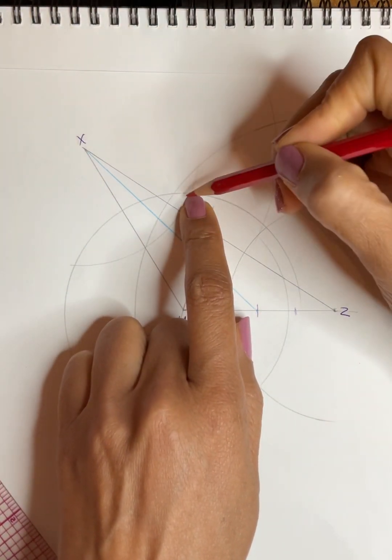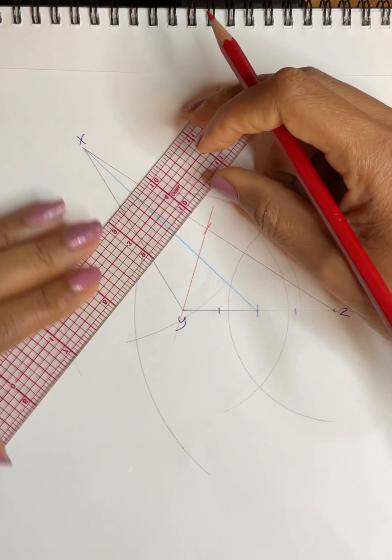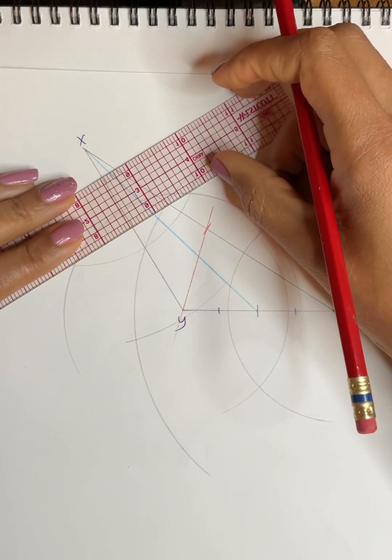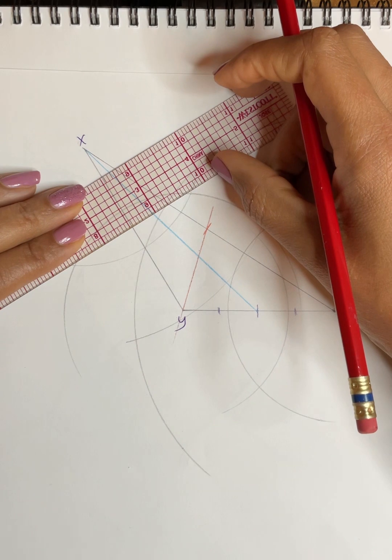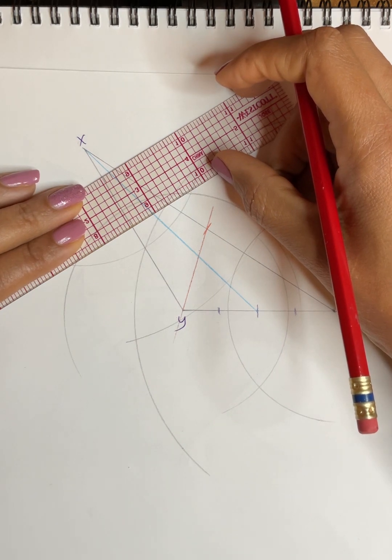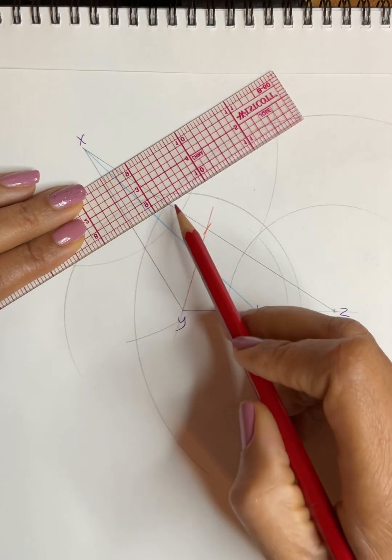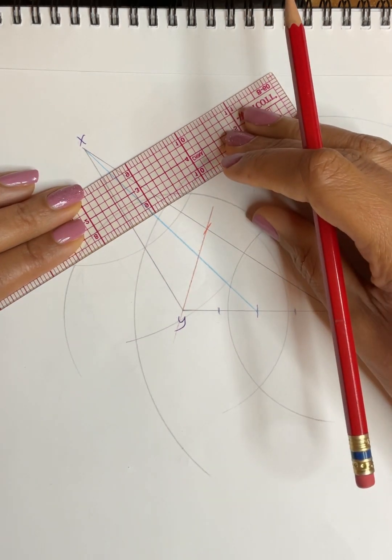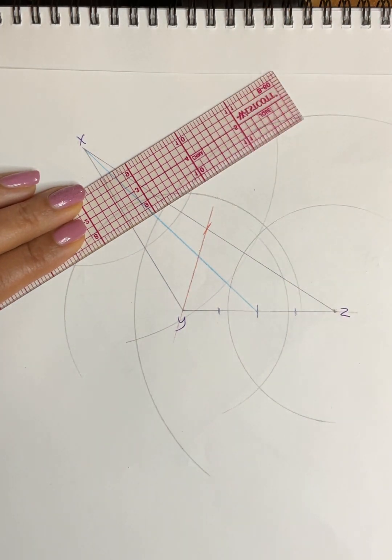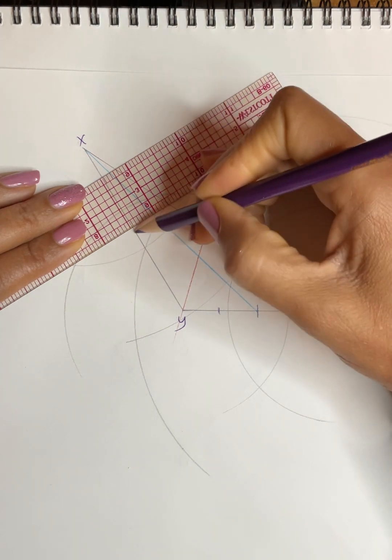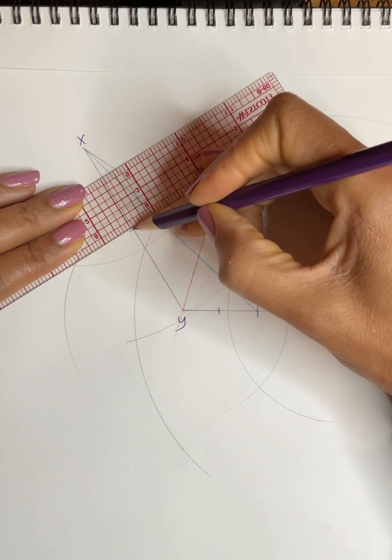I like to put a dot there so my eyes don't get confused with all the different arcs that are going on. As I said, once again, I need to line up my intersecting arcs here. And once I do that, then I need to just simply put that mark on here.